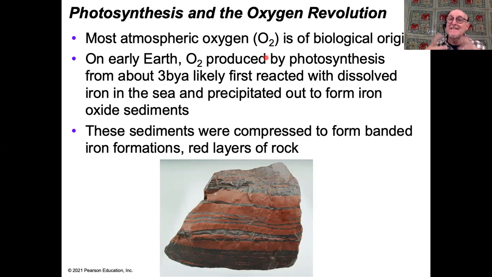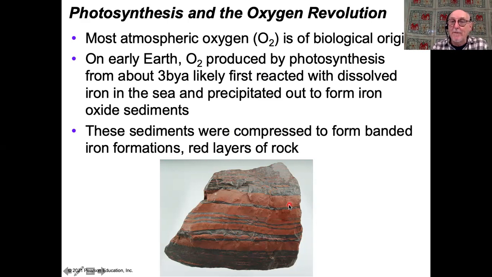So, for example, in the seas, iron oxide began to form, rust, and it sopped up all of the oxygen, and oxygen actually couldn't really accumulate to any great degree for many millions of years.